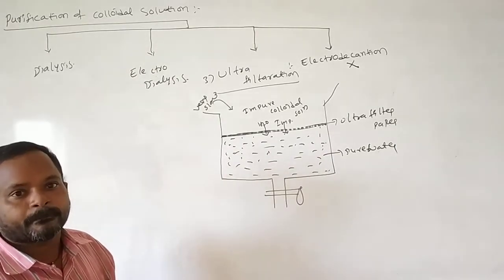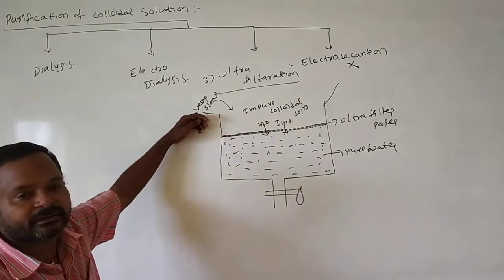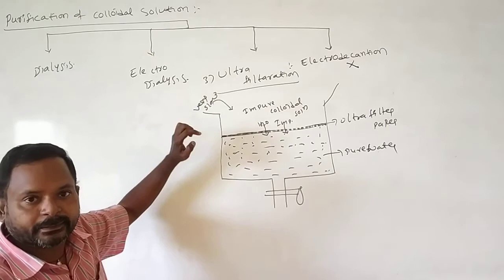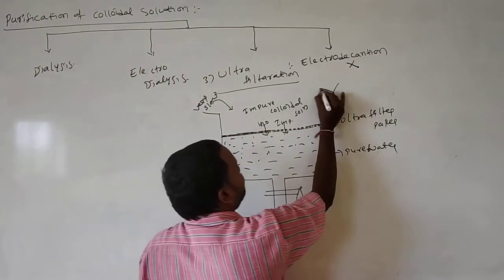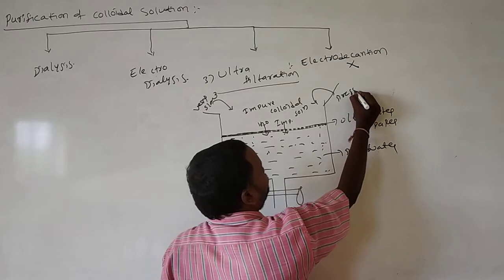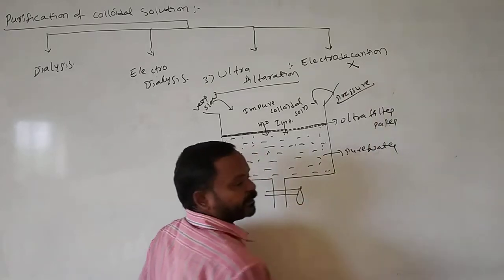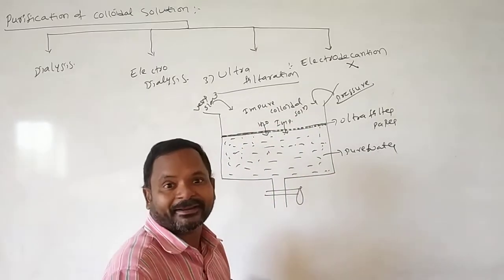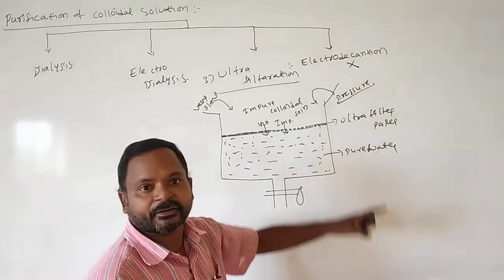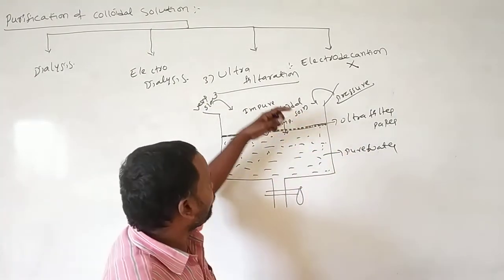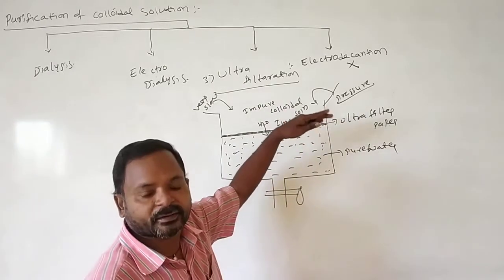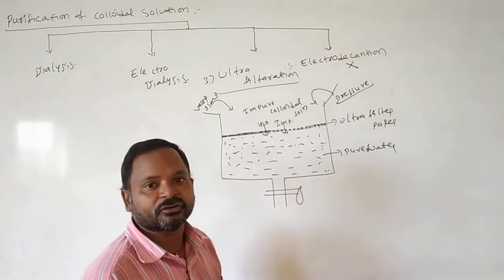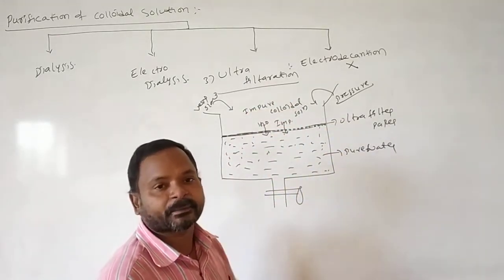To increase the speed of this experiment, we are passing pressure. How to use the pressure? We just pass the vacuum. If we pass the vacuum, the water and impurities are easily removed from the colloidal solution, so the speed of this experiment increases.